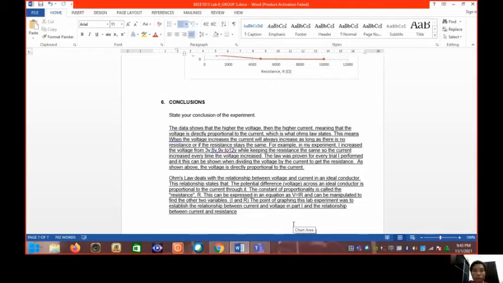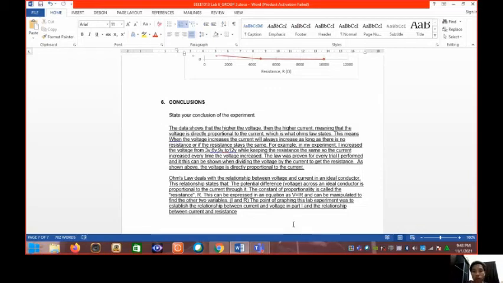In conclusion, the data shows that the higher the voltage, the higher the current, meaning that the voltage is directly proportional to the current, which is what Ohm's law states. This means when the voltage increases, the current will always increase as long as the resistance stays the same. For example, in my experiment, I increased the voltage from 3 volt, 6 volt, 9 volt to 12 volt while keeping the resistance the same, and the current increased every time the voltage increased.